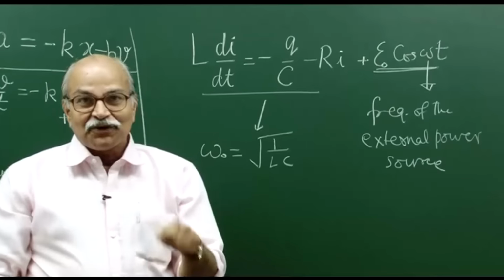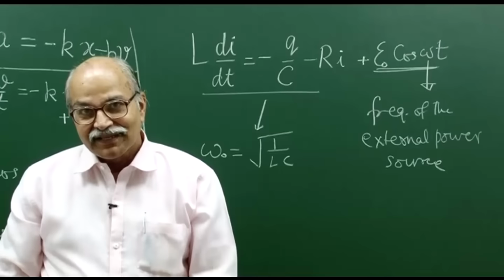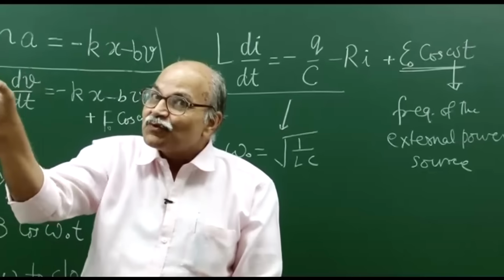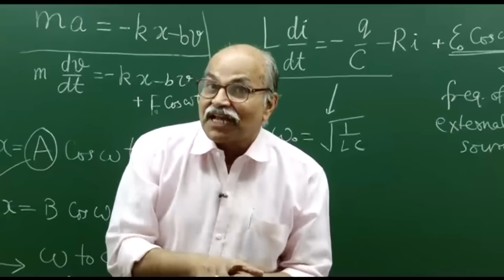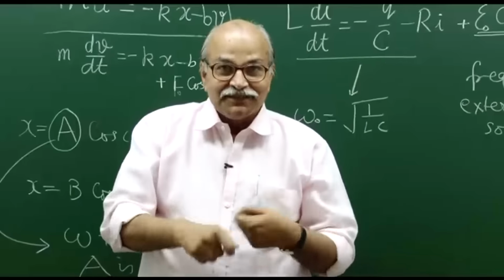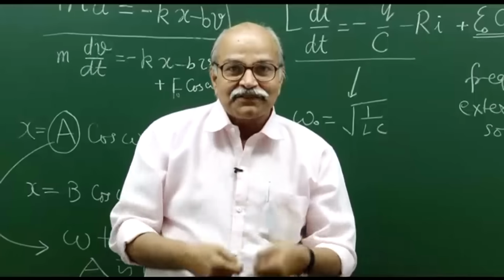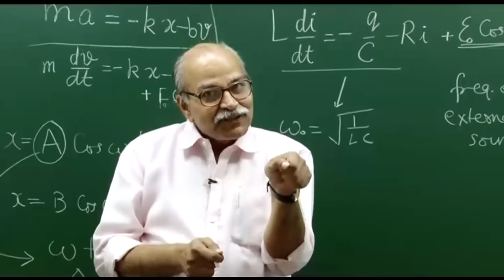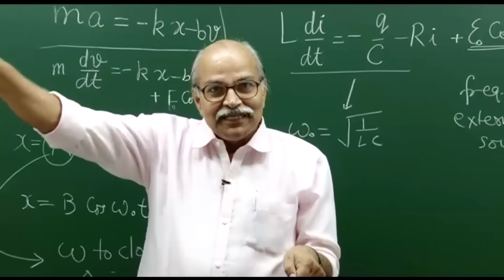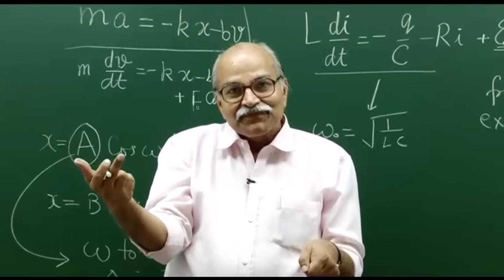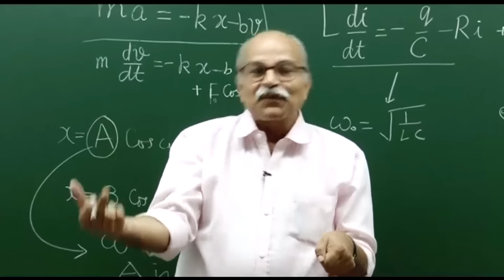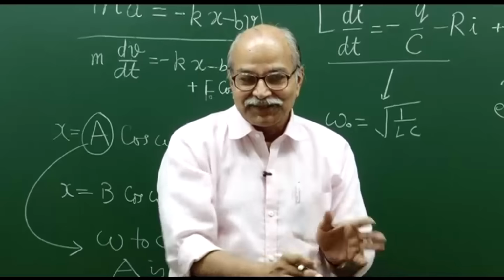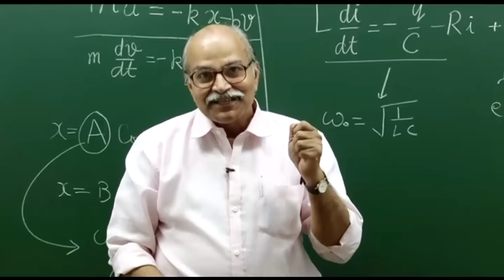This is used in all kinds of tuning circuits where, of the many frequencies available, you only want one particular frequency to drive your circuit. So, you tune your natural frequency omega naught to that particular desired frequency. Only that component will provide you the real current in the circuit. That is how tuning circuits are made.